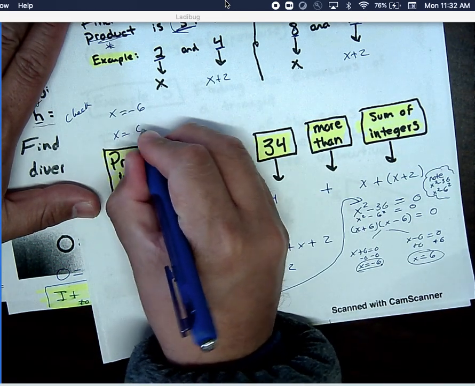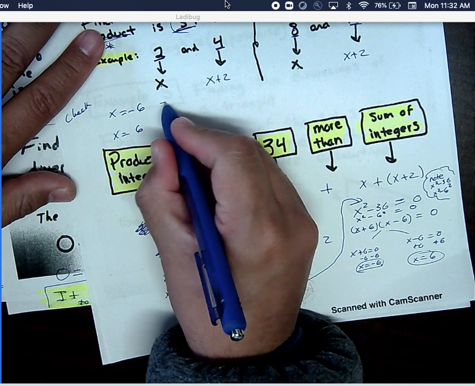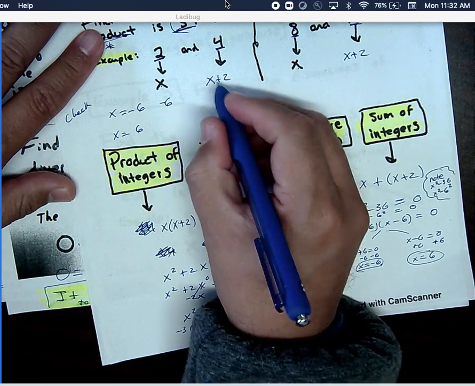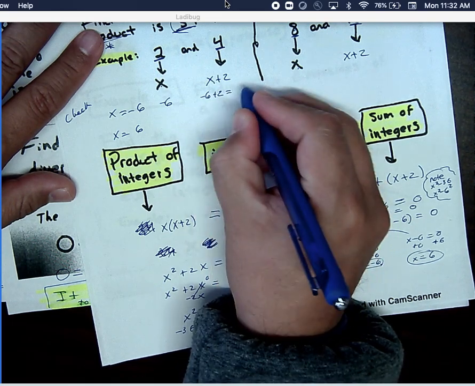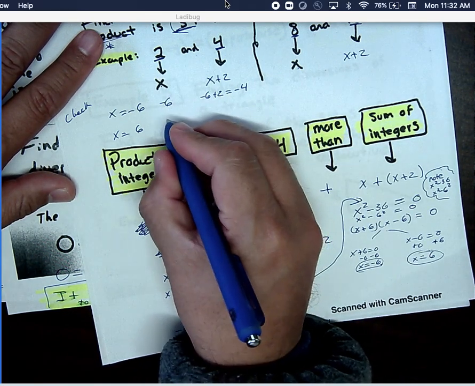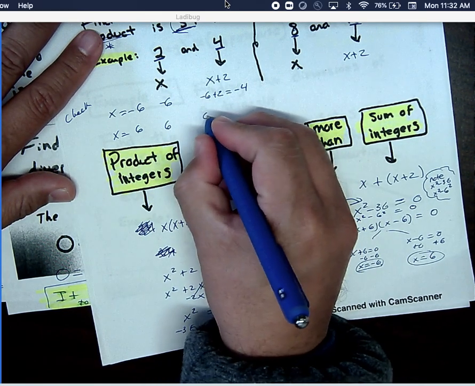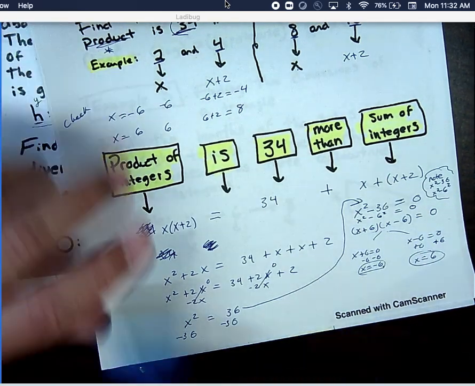And x equals positive 6. If x is negative 6 and you add 2, it gives negative 4. If it's positive 6 and you add 2, it gives positive 8. Are they consecutive?